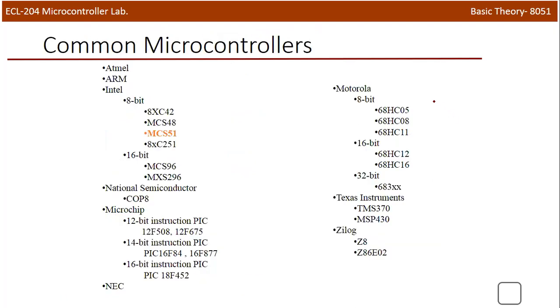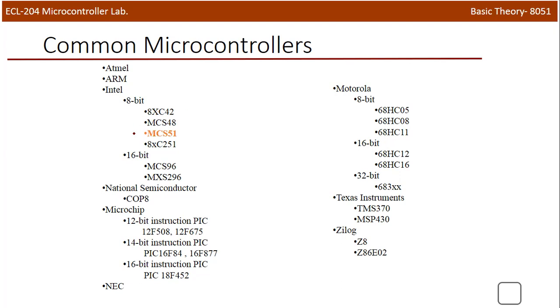Now we'll see some examples of microcontrollers. There are different manufacturing companies: Atmel, ARM, Intel, Motorola, Microchip, National Semiconductor, Texas, etc. We will discuss the 8051, which was initially developed by Intel, but many other manufacturers also design the 8051.